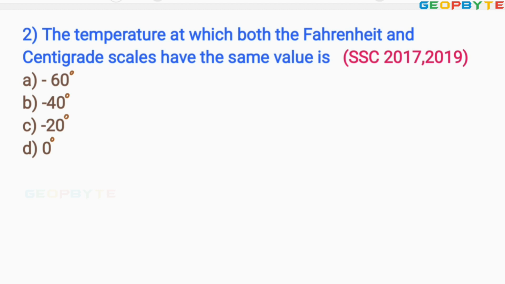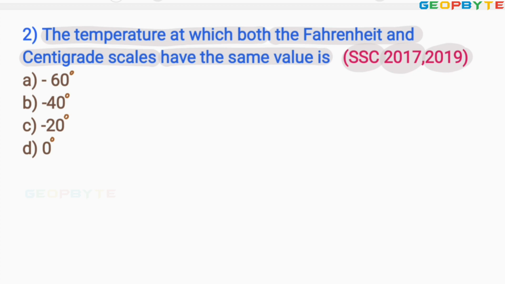Look at the second problem. It was asked in 2019 and 2017 for SSC, given like this. The temperature at which both Fahrenheit and centigrade scales have the same value is.